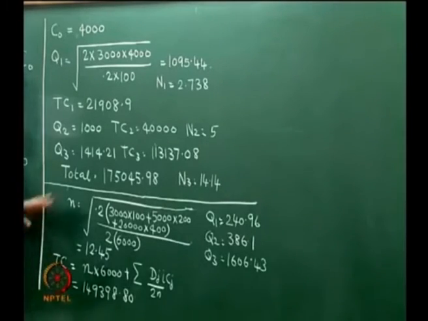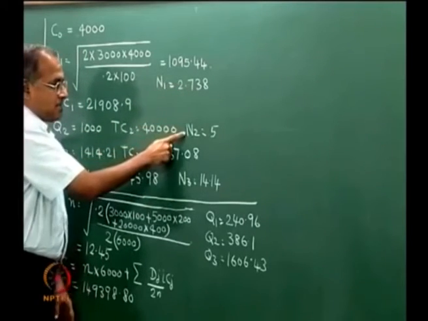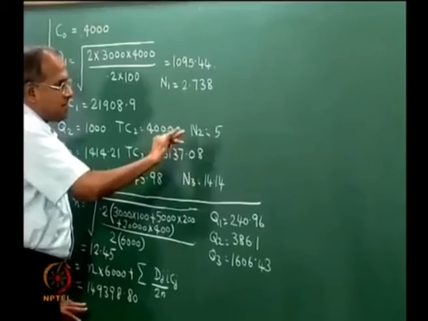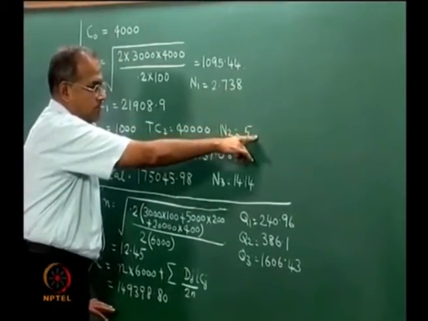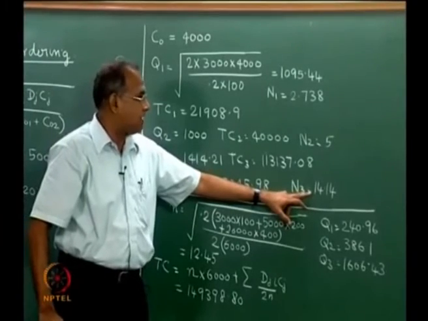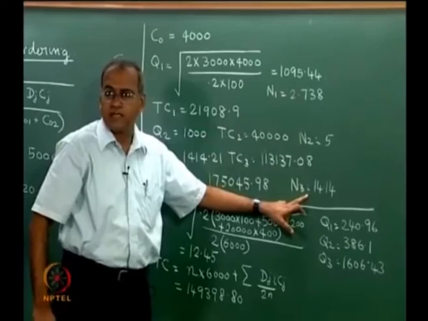So, if we look at this alone, this is 2.738, this is like 5 and this is 14.14. So, this is roughly 1:2 is to some number like 5, this is like 1:2:5, that is the number of orders.